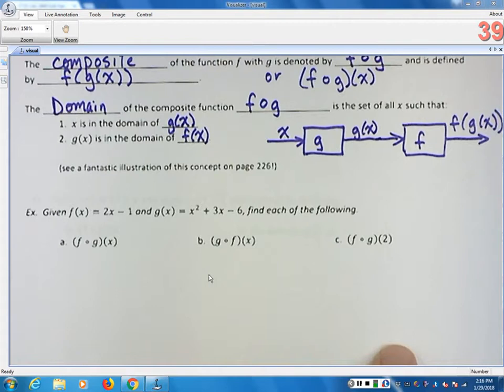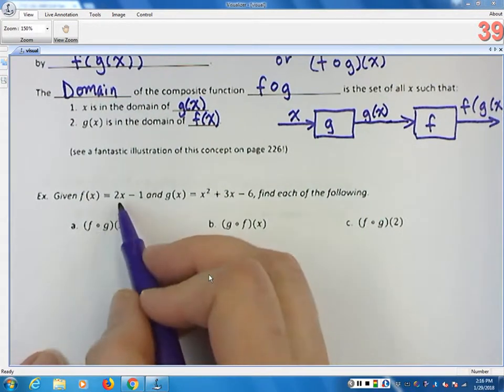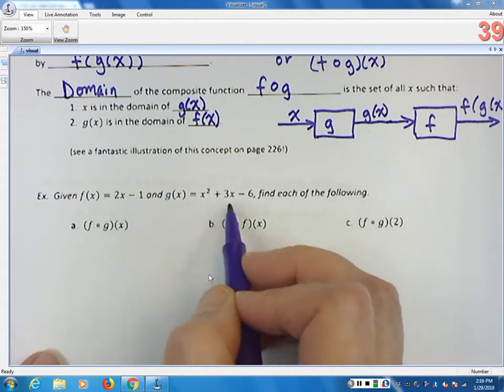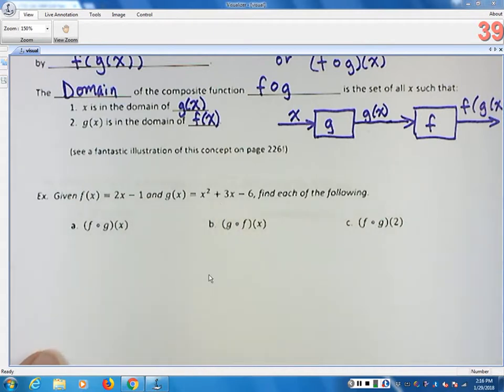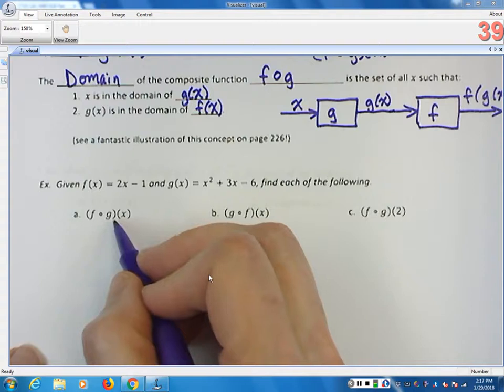Okay, so we're going to practice finding these composite functions. So if f of x is 2x minus 1, and g of x is x squared plus 3x minus 6. Now, does that look familiar? From up above, when I tried to use it. Okay, so just rewrite, what does f composite g of x mean?